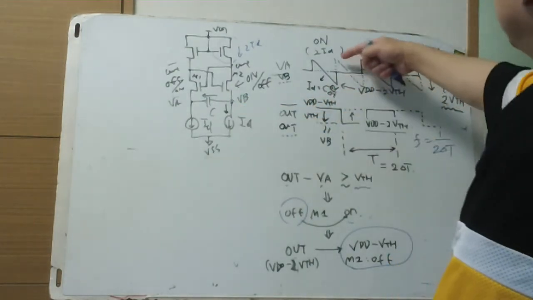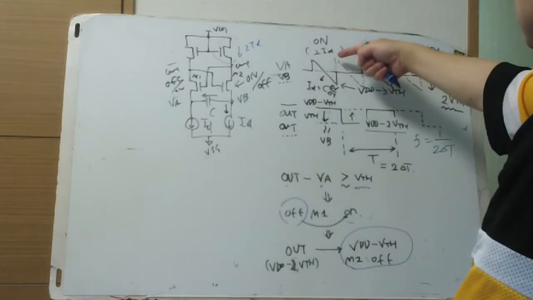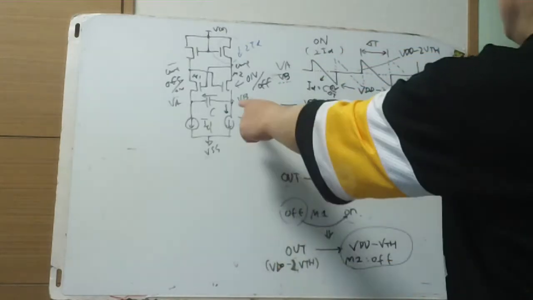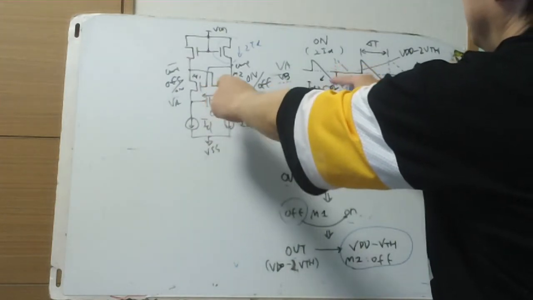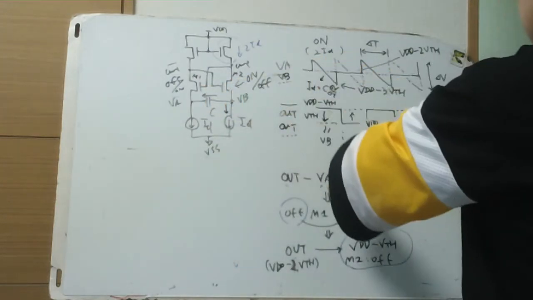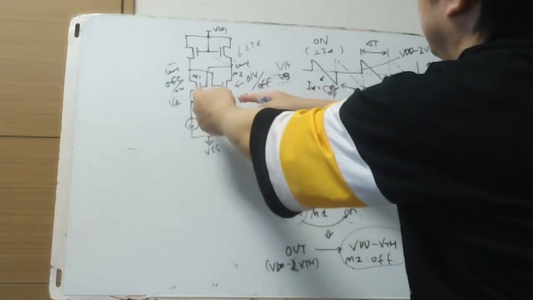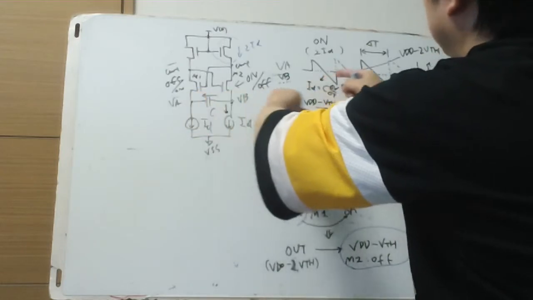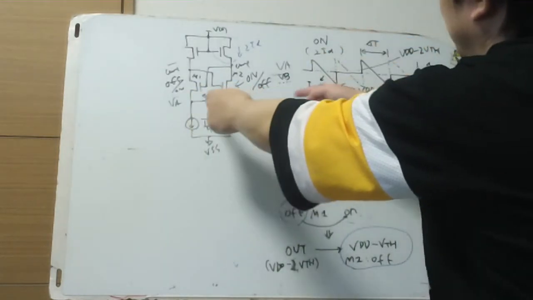VB starts to discharge, the dotted line. VA is also pushed up at this moment, and VB in the switching moment is high impedance, so VB is also pushed up. There's no current in this small fractional moment.